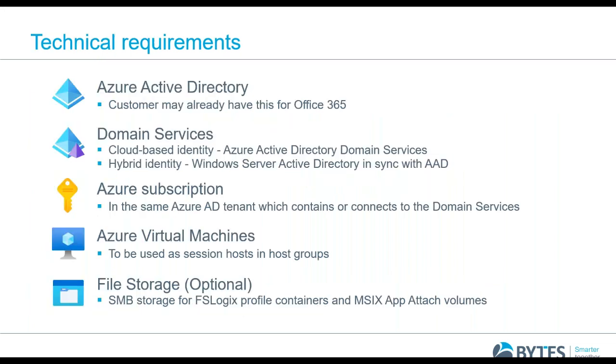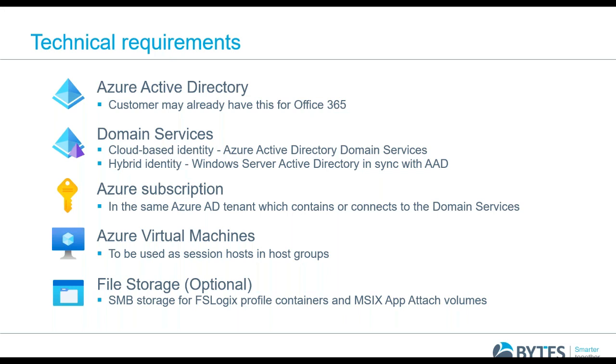So from a technical requirement, just some of the basic stuff that you will need, some options as well. Obviously, Azure Active Directory, so this will be something that a customer, if they already have Office 365, they already have that Azure Active Directory tenant. If not, Azure Active Directory can be done, the free version will work. You will then also need to utilize some domain services, and we'll go into identity after this.